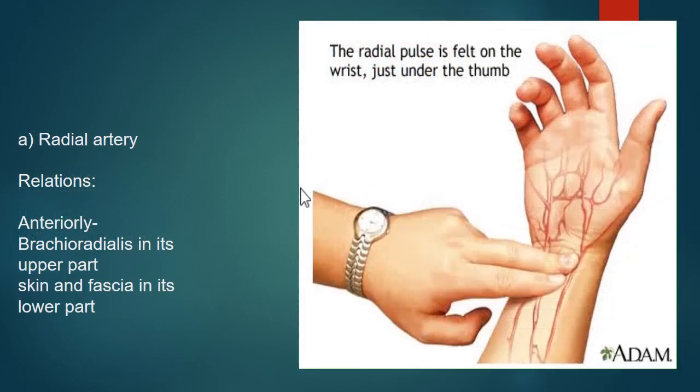Here is an image showing the site where the radial pulse is palpated. This is actually the site for measuring the pulse rate, where the radial artery lies on the anterior surface of distal end of radius, just lateral to the tendon of flexor carpi radialis.